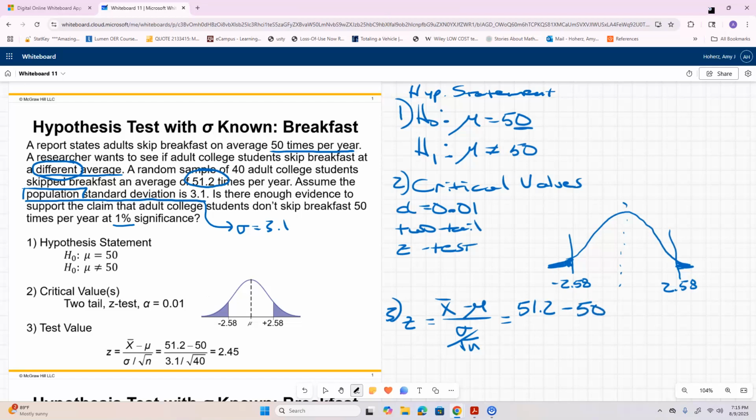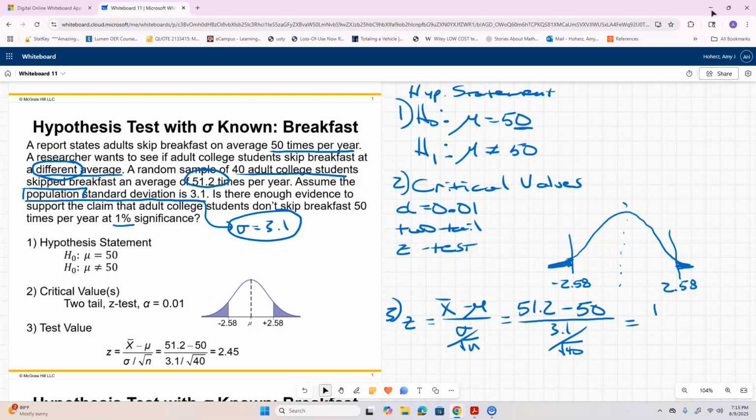So the mu in the formula is the same as the mu from our hypothesis statement. Our sigma is that 3.1. And our n is the sample size, 40 adult college students, so square root of 40.